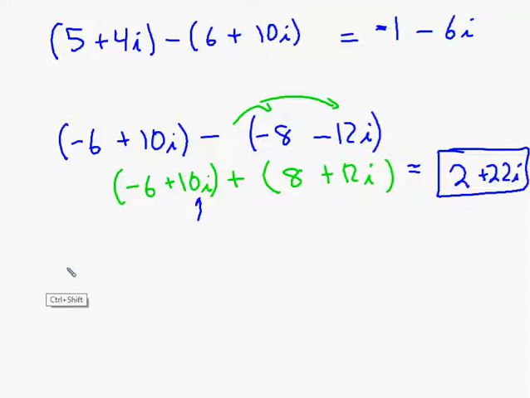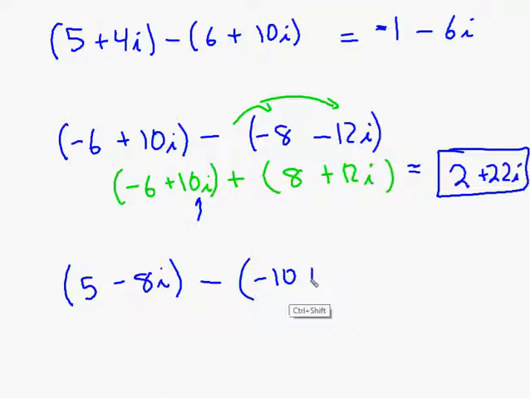So let's do one more. Do this one on your own in your notes. I don't know why I like 5 this afternoon, but sure. And see what you get there.